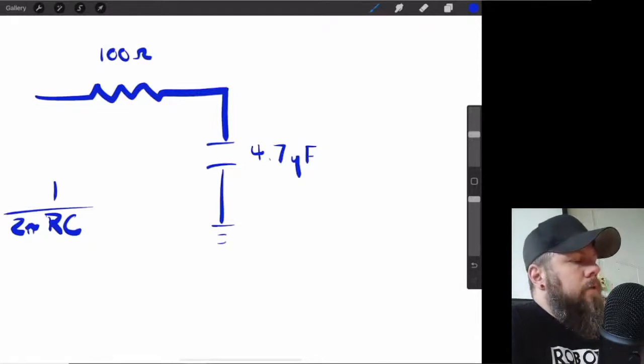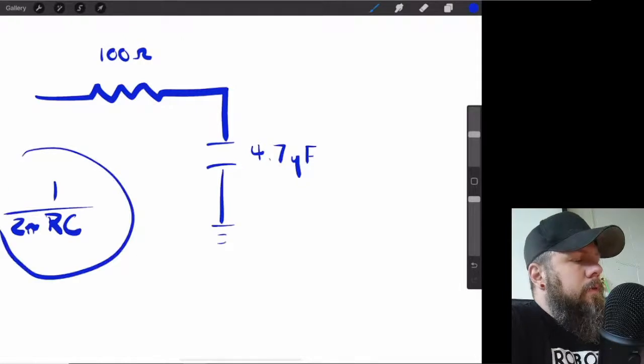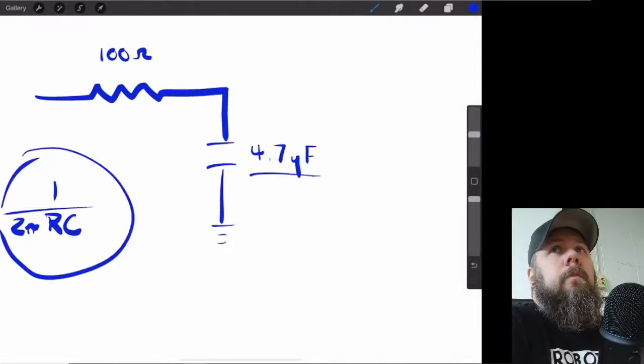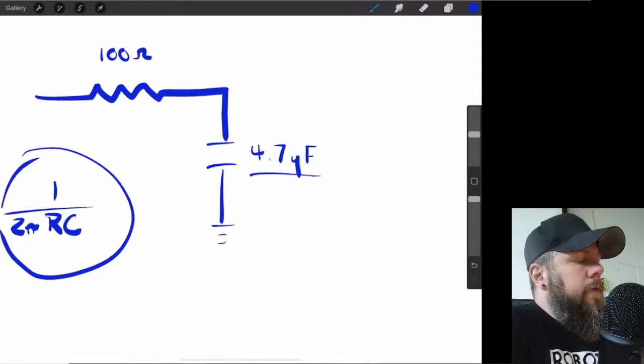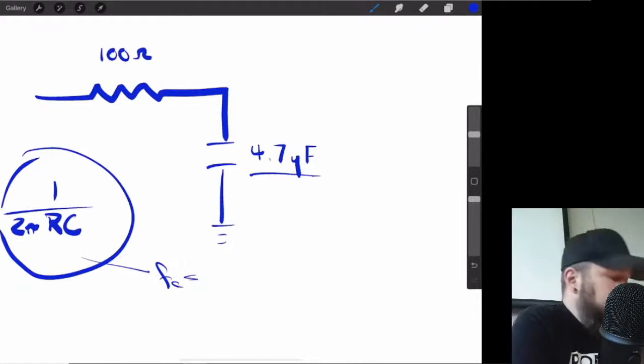Yeah, so I want y'all to convert the microfarads to farads, and then I want you to put it through here, and it's going to give us a frequency that it cuts off at. Okay.